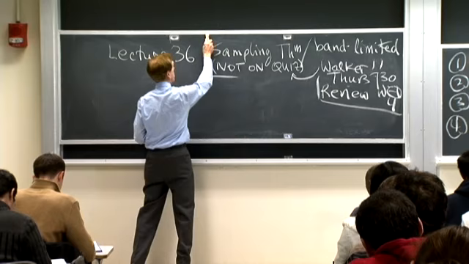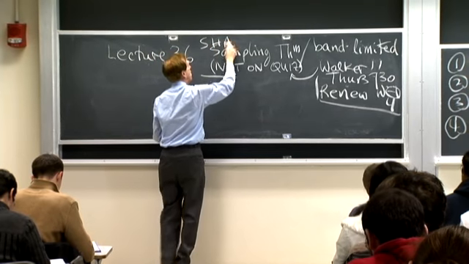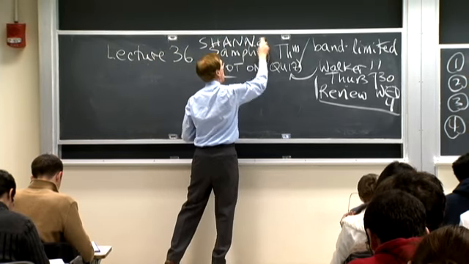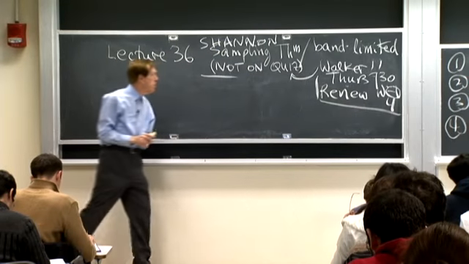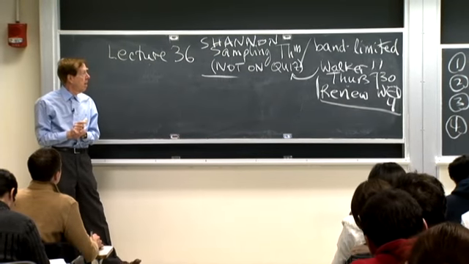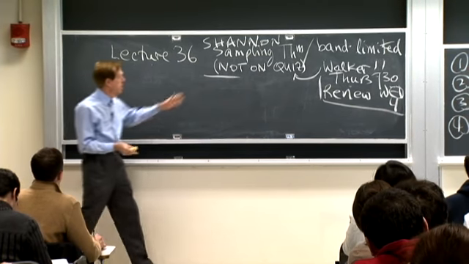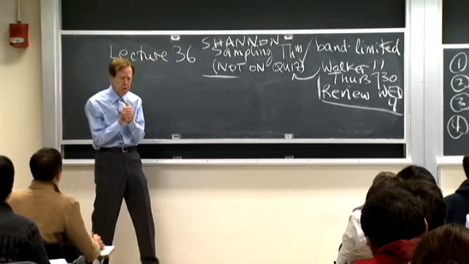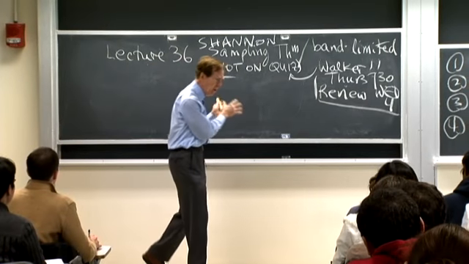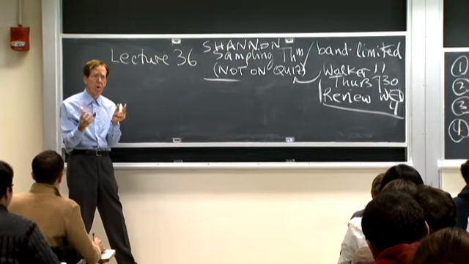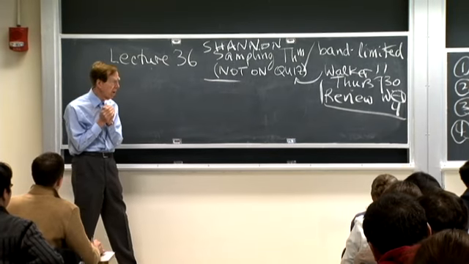So I should put his name in, Shannon. It's not on the quiz, but it gives me a chance to say something important and at the same time review Fourier series and Fourier integrals.